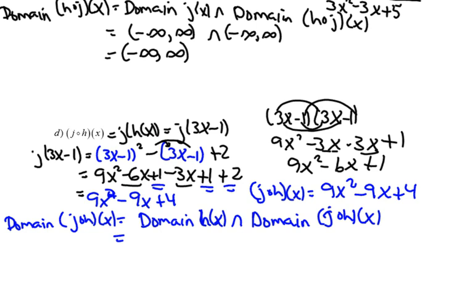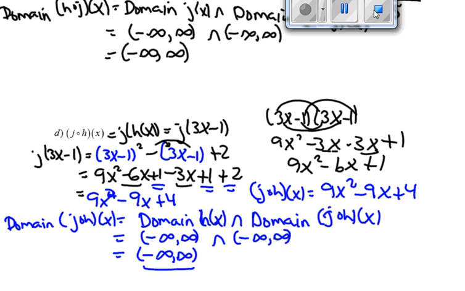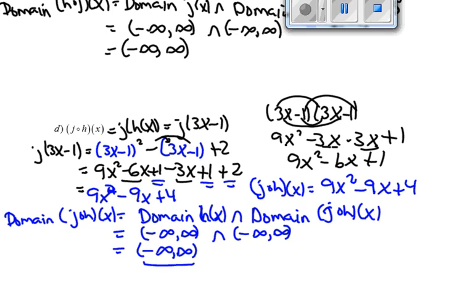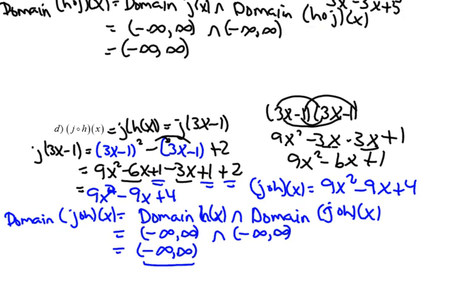So we know h of x is linear, so the domain is all real numbers. The domain of the final composed function, that's quadratic, so that is all reals. So this is all reals also. All right, so let's go to the next page then.